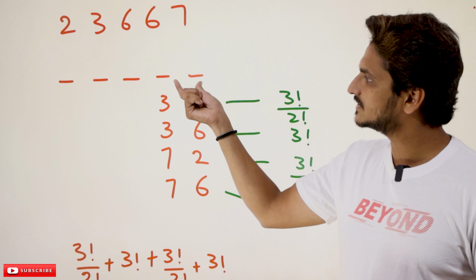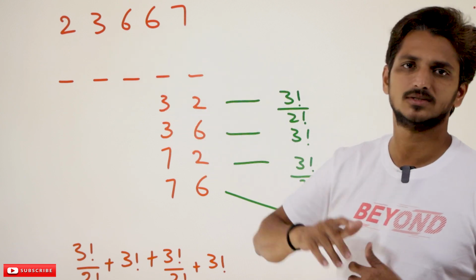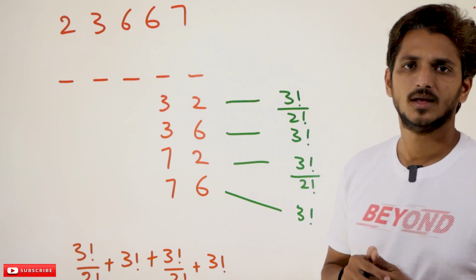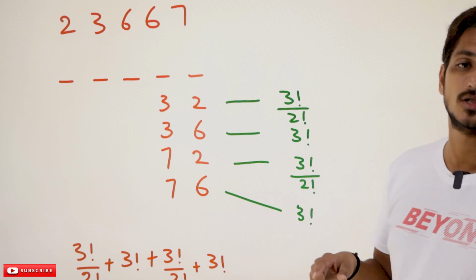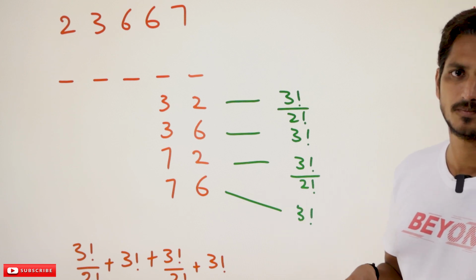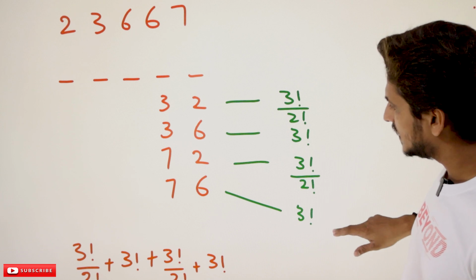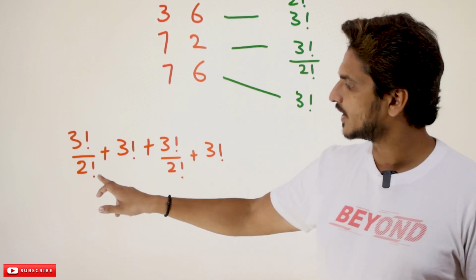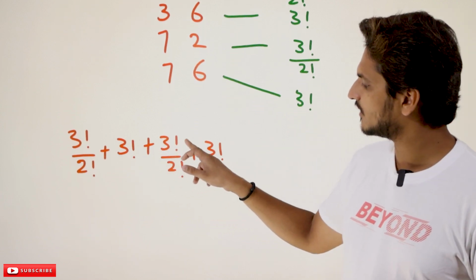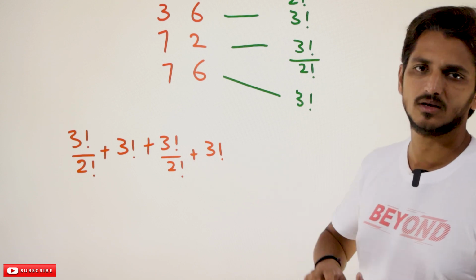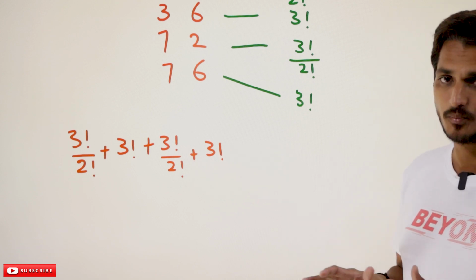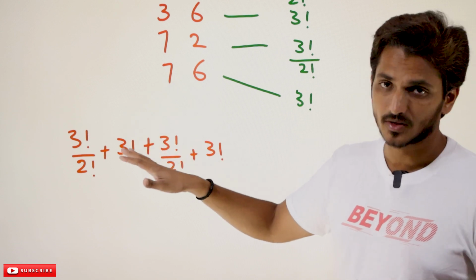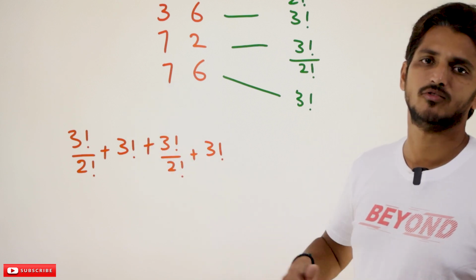If you place 76 here, the remaining digits are 2, 3, 6. 3 factorial ways. Repetition is not there in the remaining positions. So the total possibilities are 3 factorial by 2 factorial plus 3 factorial plus 3 factorial by 2 factorial plus 3 factorial. This is the count of numbers that are divisible by 4.